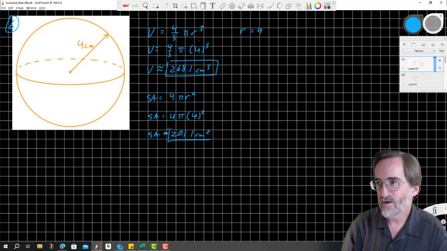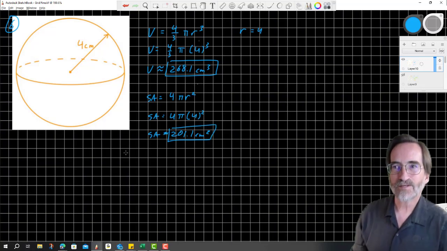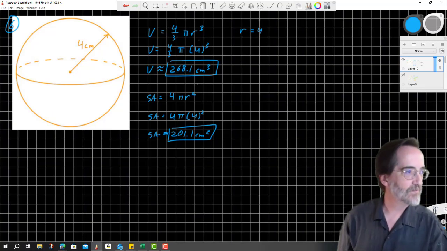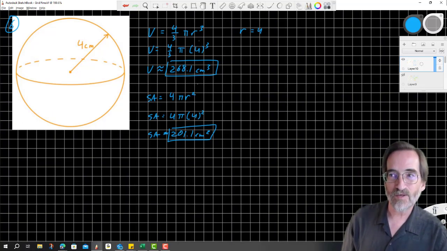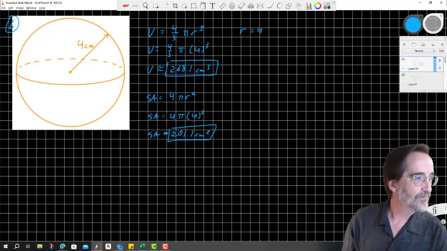So that's the volume and surface area of a sphere. If it were a hemisphere, we'd simply divide all that by 2.